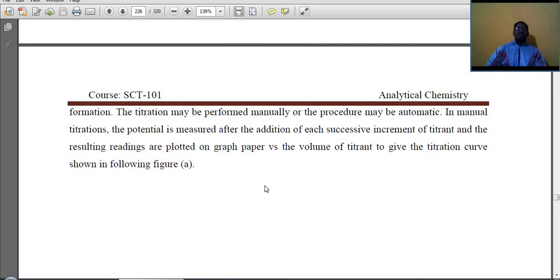The titrations may be performed manually or the procedure may be automatic. In manual titration, the potential is measured after the addition of each successive increment of titrant, and the resulting readings are plotted on graph paper versus the volume of titrant to give the titration curve shown in the following figure.